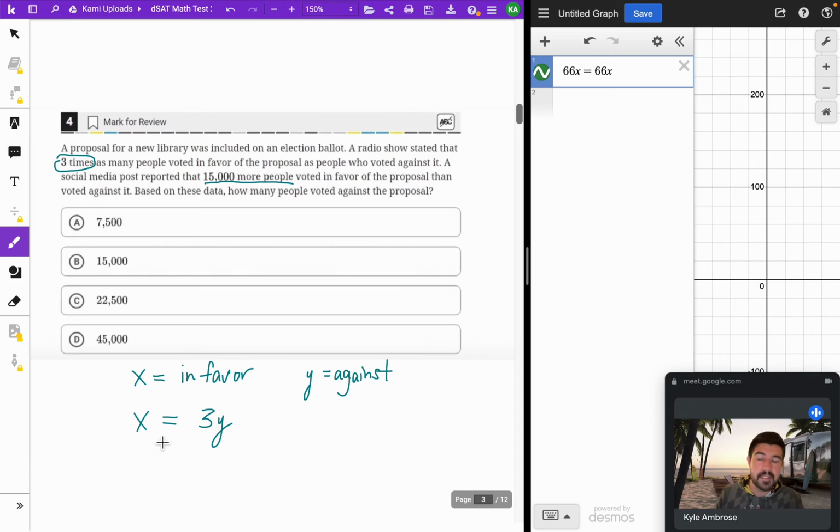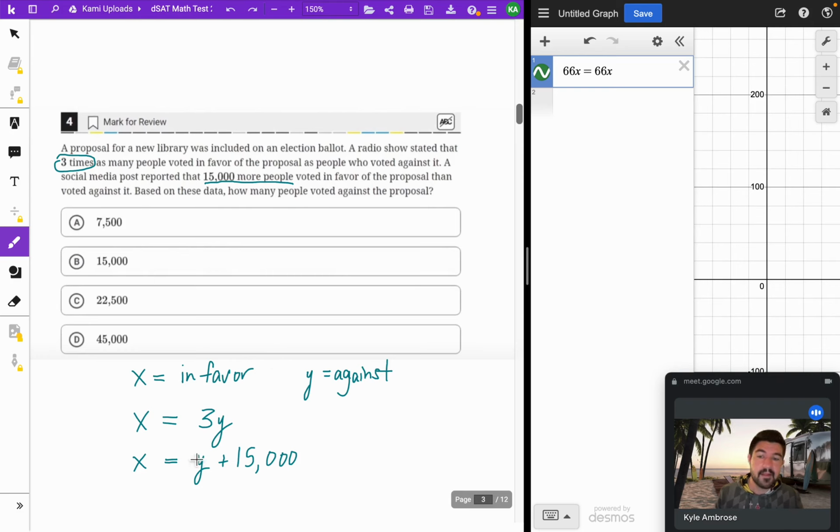And we know 15,000 more people were in favor of it than against it. So that also means we can make another equation, and we could say that x, the number of people in favor of it, was equal to y plus 15,000. Why plus 15,000? Well, think of it like this. If x is the number of people in favor of it, I'm just going to make up a number. Let's say that was 30,000.